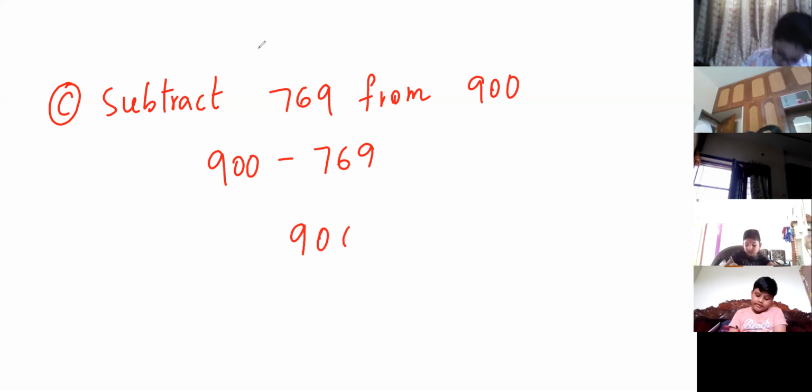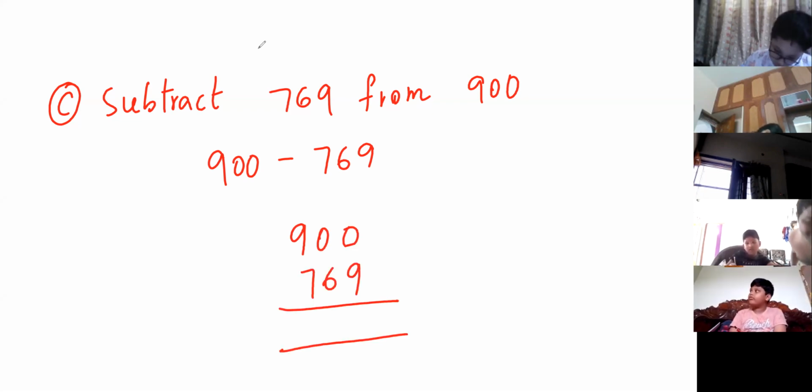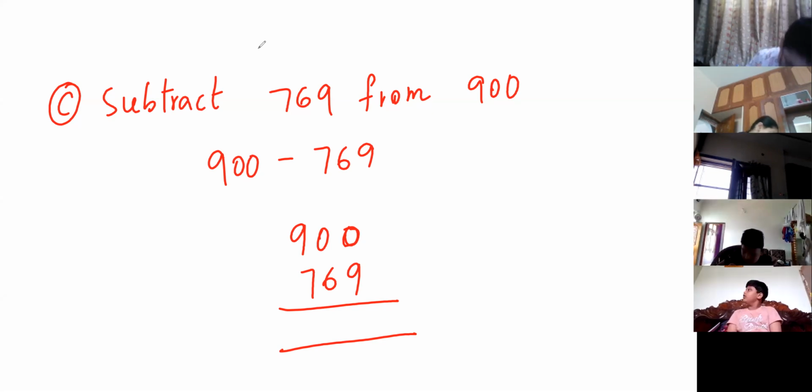Here we have 2 zeros and we have to subtract 769 from it. Coming to ones place, we have 0, right? As 0 is less than 9, we cannot subtract 9 from 0. For that purpose, what are we going to do? We are going to the next place to take borrow, right?